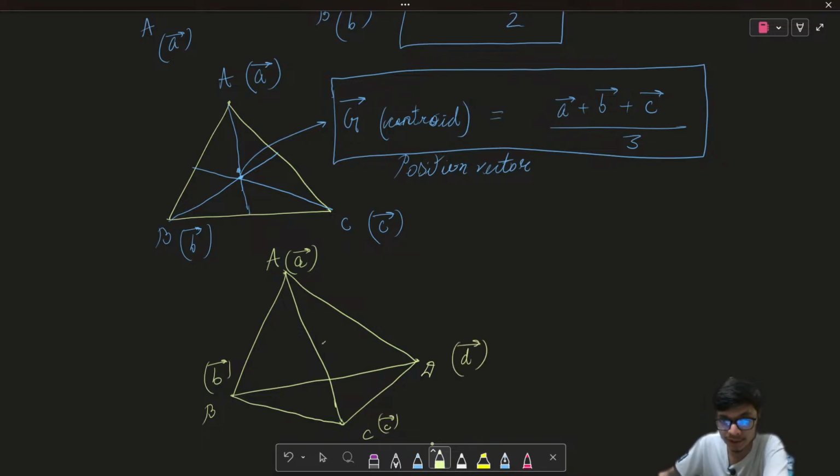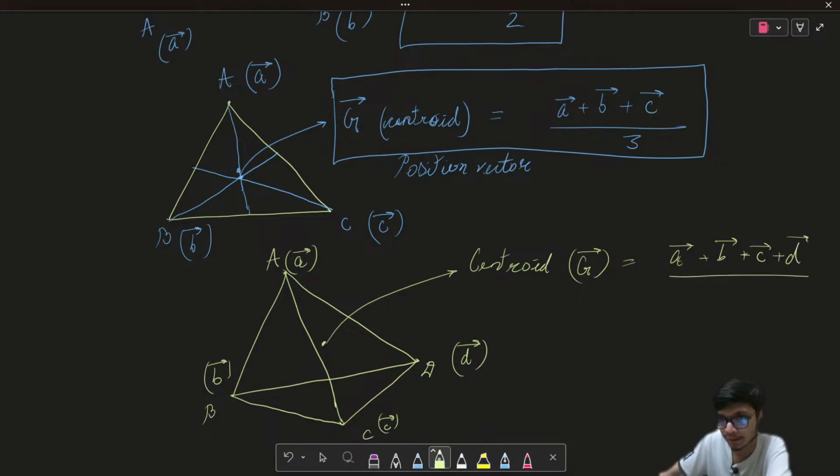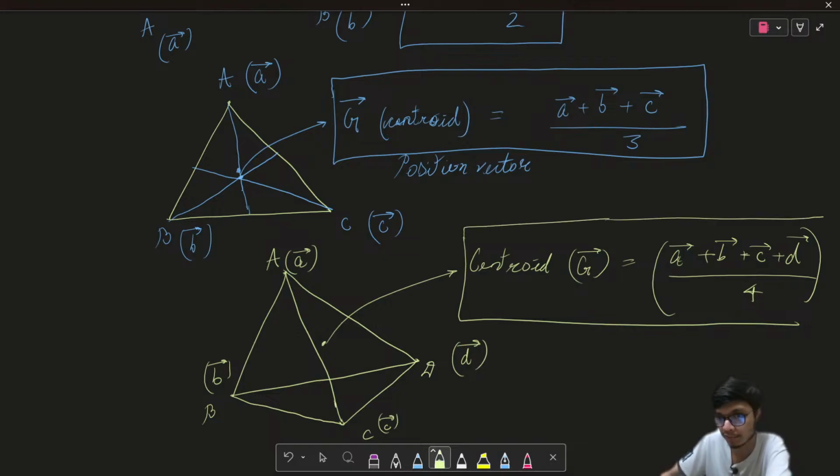In this case, if I want to find the position vector of the centroid, it can be given as A vector plus B vector plus C vector plus D vector, whole divided by 4. So the position vector of the centroid of a tetrahedron can be simply given by the sum of all the position vectors of the points divided by 4.